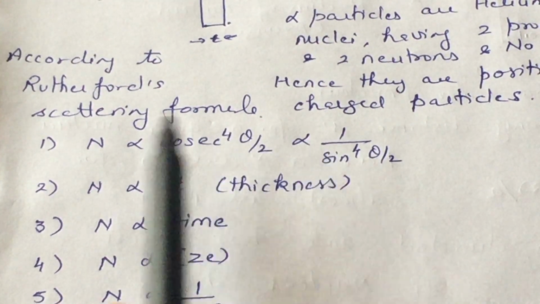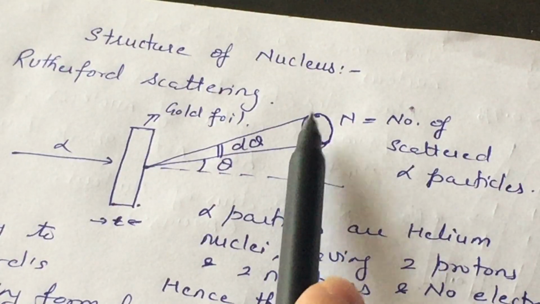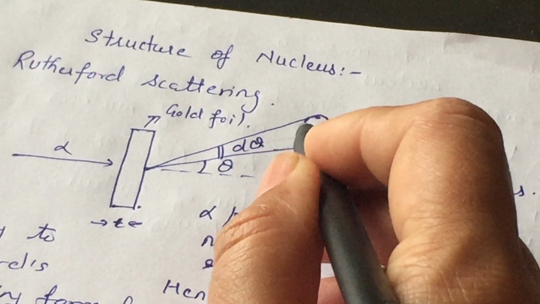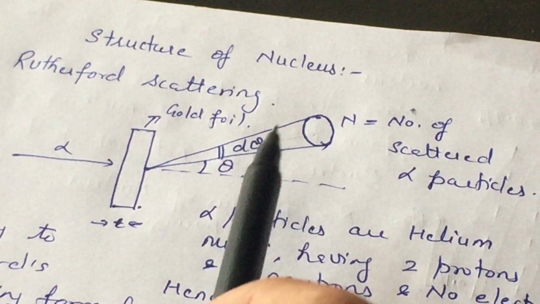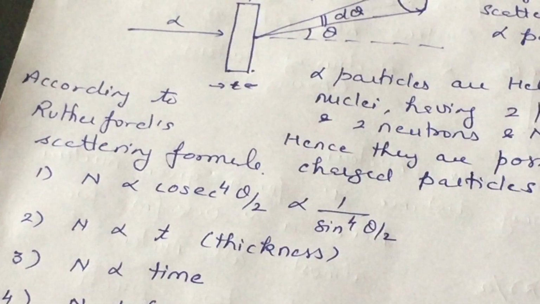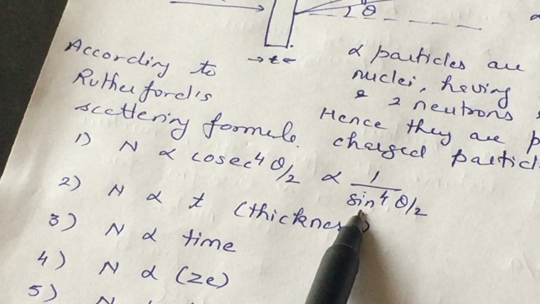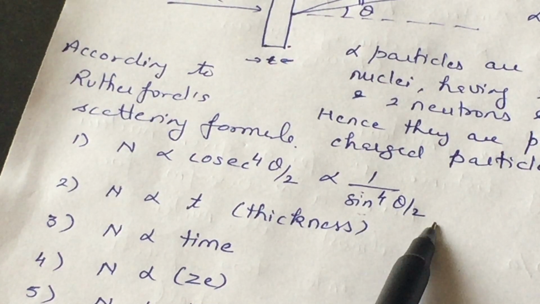You can say that the number obtained with the help of the detector, this number of alpha scattered particles, depends upon this angle, and it is inversely proportional to sine raised to power 4 theta by 2.